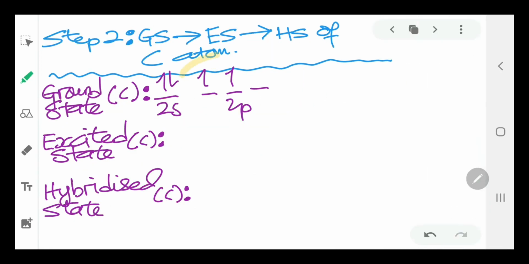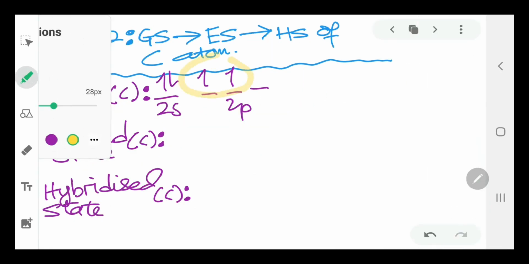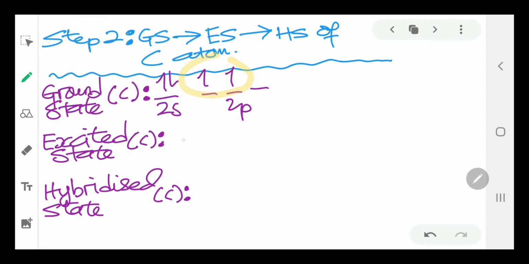Over here, you have only 2 unpaired. So what we need to do? Yes, we need to excite one of the electrons from the 2s orbital, and you get your 4 unpaired electrons.